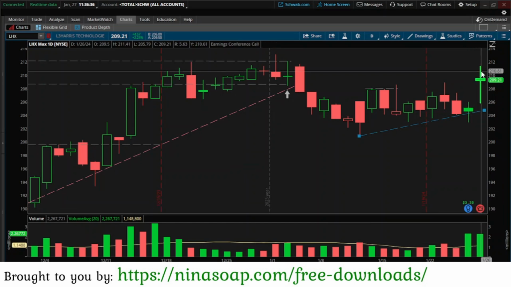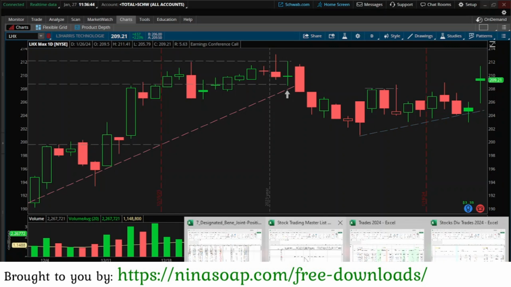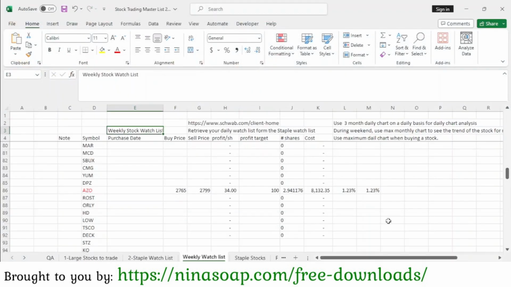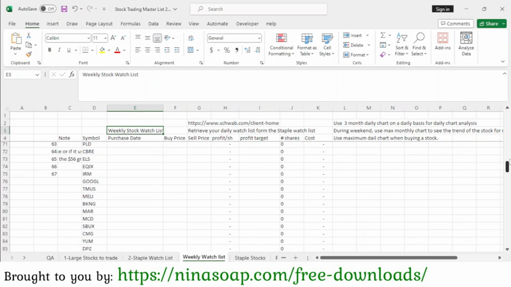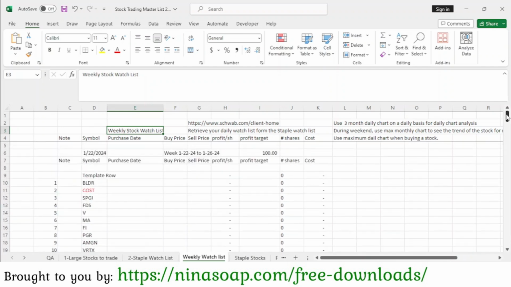We have a negative number, but I will go to my trading sheet for LHX.